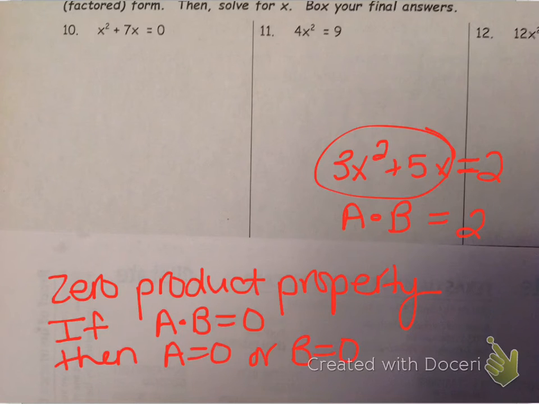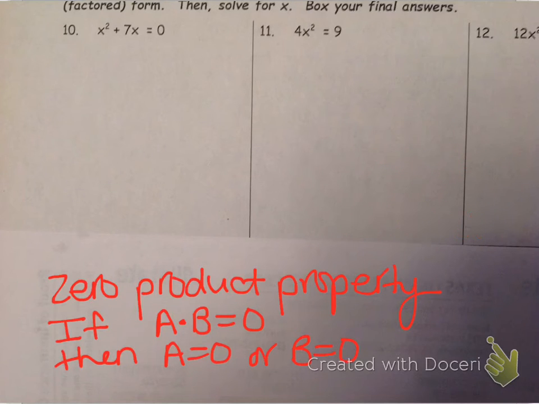You could have 1/2 times 4. You could have 1/3 times 6. You could have -1 times -2. But when the two things are multiplied together and they equal 0, one of them absolutely has to be 0. And so that's why we can factor to solve.